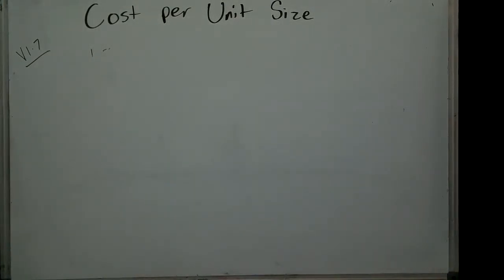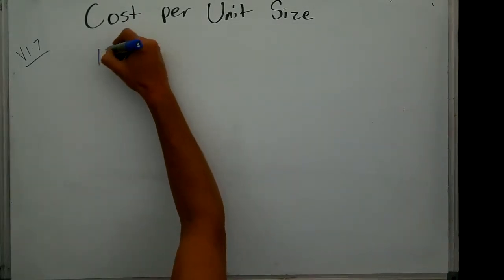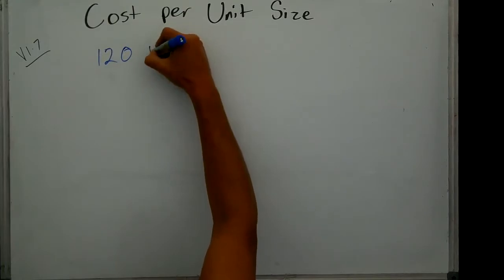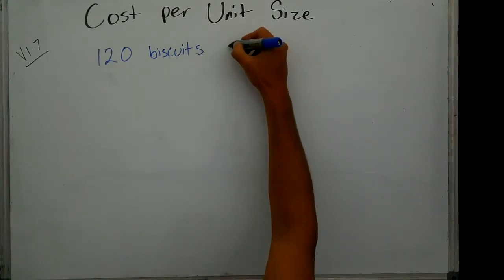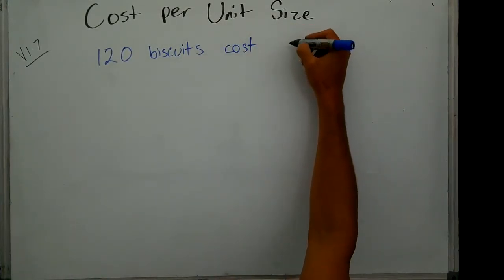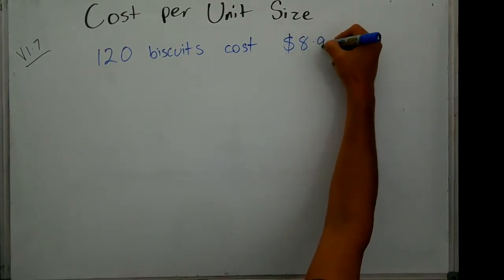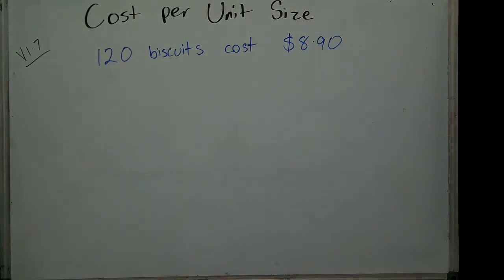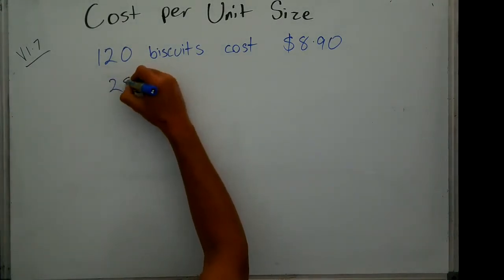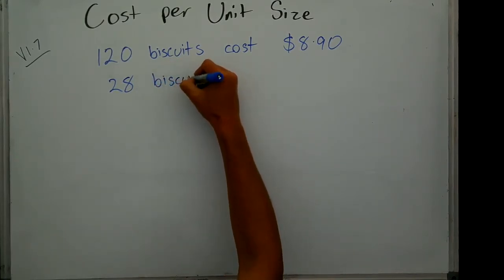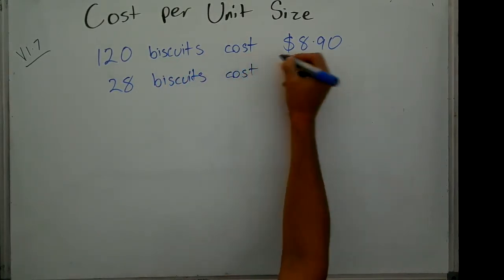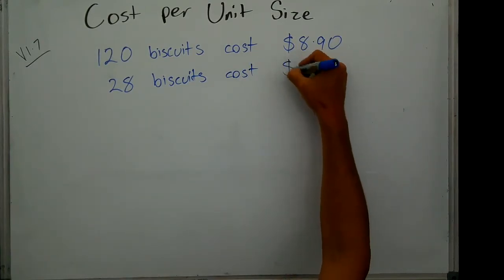Okay, let's go. So we're told that a value box of biscuits containing 120 biscuits costs $8.90, and a small packet of the same biscuits, we get 28, costs $2.40.